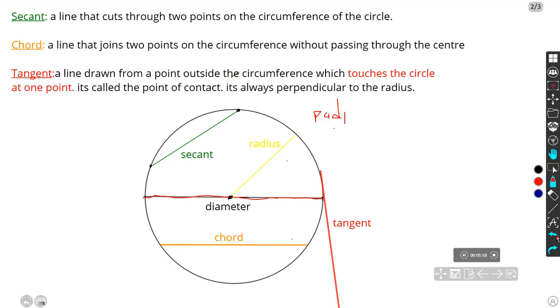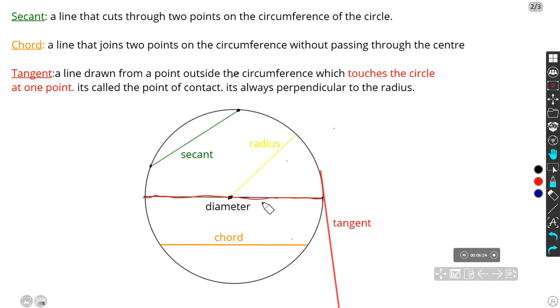So, tangent, what you need to know is, what do they say? They say it is a line drawn from a point outside the circumference and it only touches the circle at one point. So this drawing is not accurate, but usually a tangent touches the circumference at only one point.